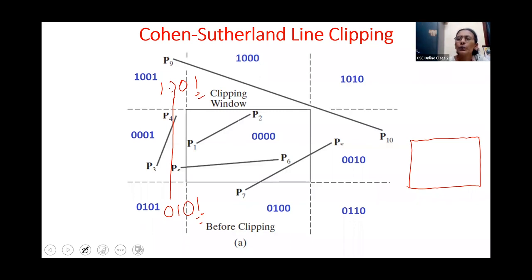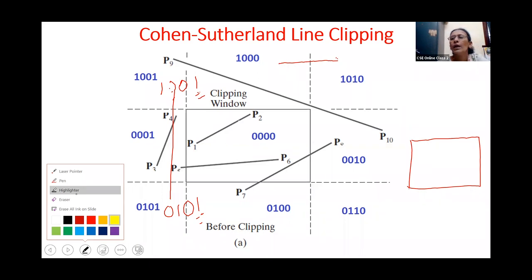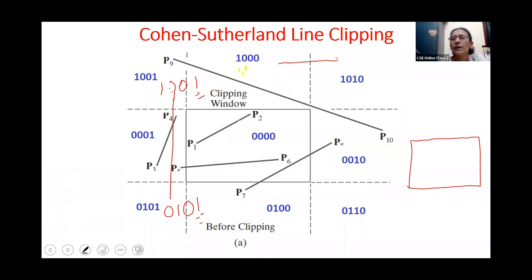You take another example. Say we are taking this line. Then this code is 1000. The code for this point is 1010. So we see that bit 4 is set as 1 for both the outcodes.